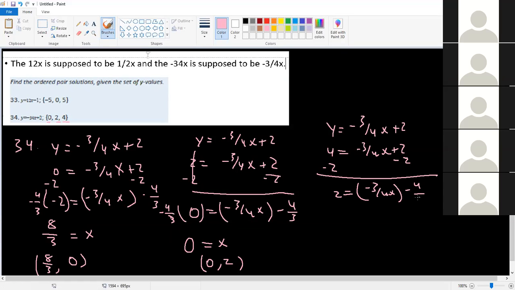Multiply by the reciprocal. 4 times 2 is 8, so you get negative 8 over 3 is equal to x. So negative 8 over 3, 4. So these are the ordered pairs for number 34. Does this make sense for everybody? Yes, no? Thumbs up, thumbs down.